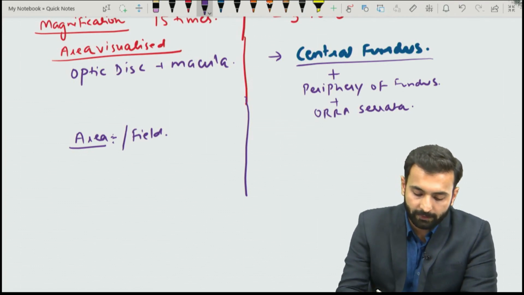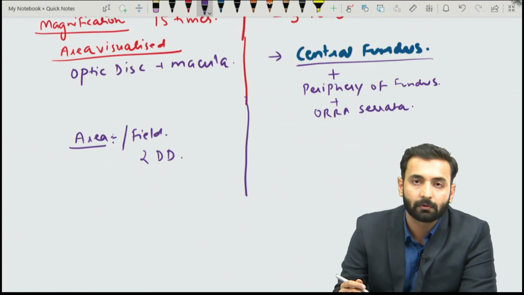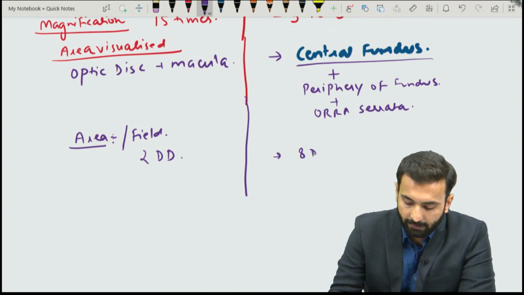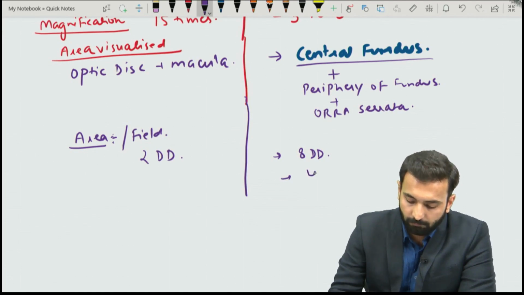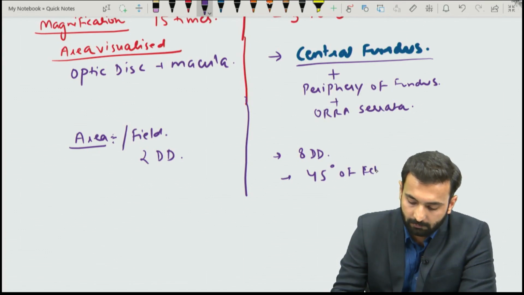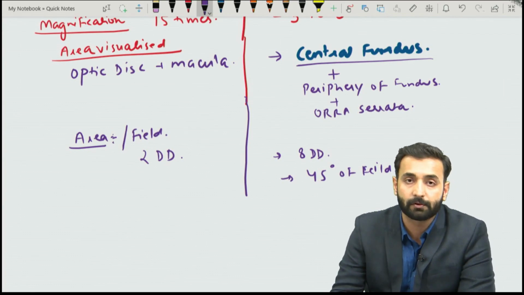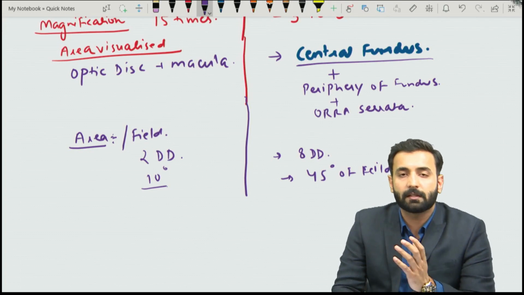In direct ophthalmoscopy it gives you a 2 disc diameter view, whereas in indirect ophthalmoscopy it gives a wider view of 8 disc diameters. It gives around 45 degrees of field of vision, whereas in direct it is around 10 degrees, right? So these are the basic differences.